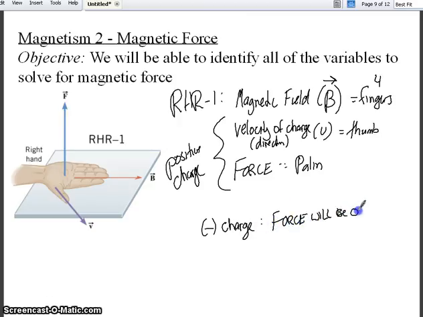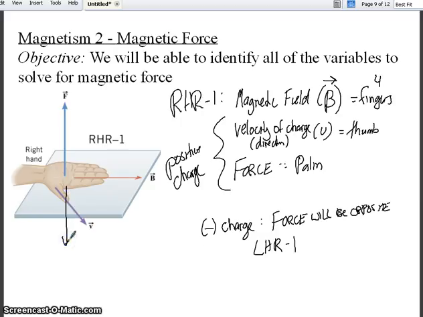Essentially, if we have a negative charge, we can call it the left-hand rule. No one ever says that, but it is what it is. If the force is going up this way, if our field is still going to the right, and our thumb and the velocity of the charge is still out this way, and it's a negative charge, that means it's going to be opposite, meaning it's going to be pointing down the other way. So it's the same thing as doing your left hand.